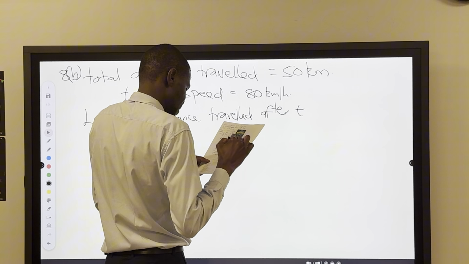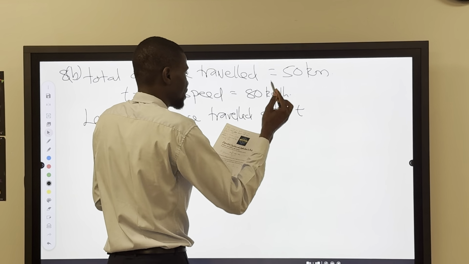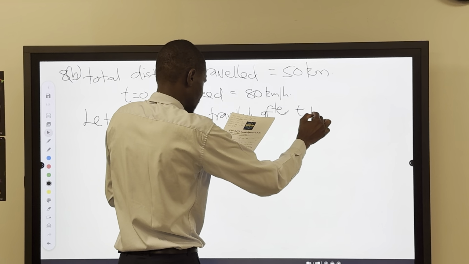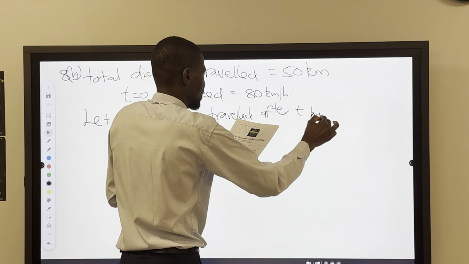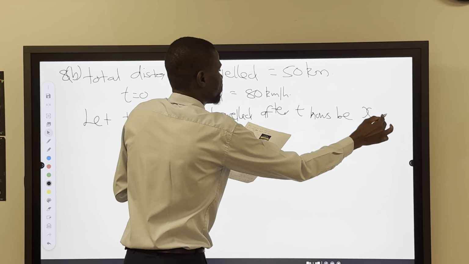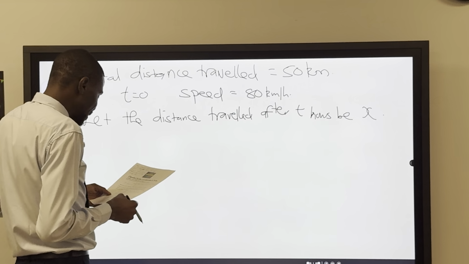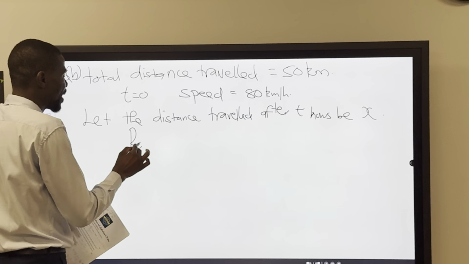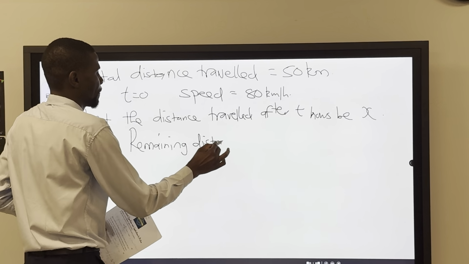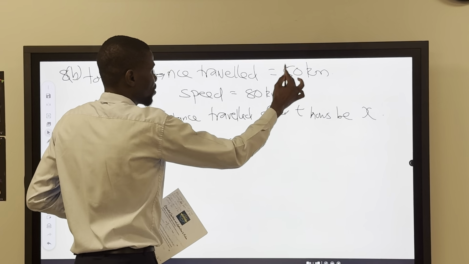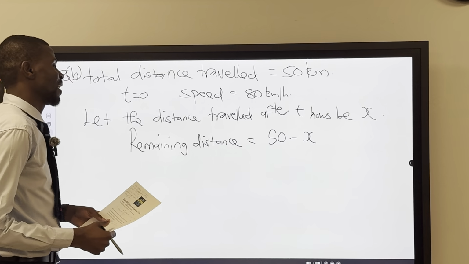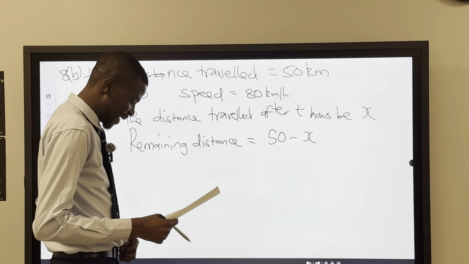So when that distance is x, the remaining distance is equal to the total distance minus the traveled distance, which is 50 minus x.